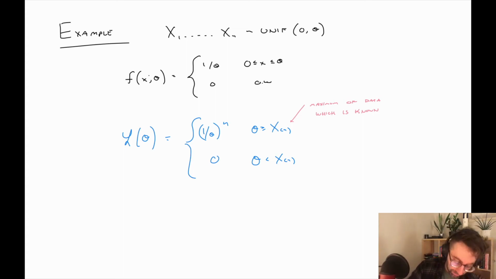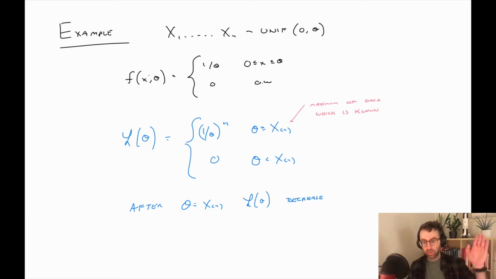So after we cross theta equal to x_n, well, then the likelihood just decreases. So the likelihood is 0.